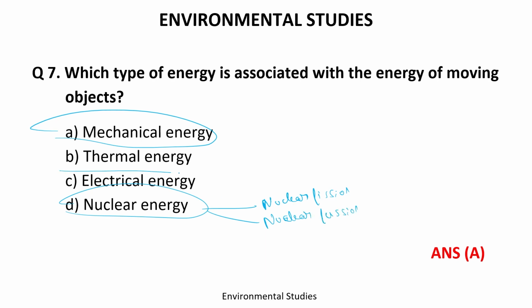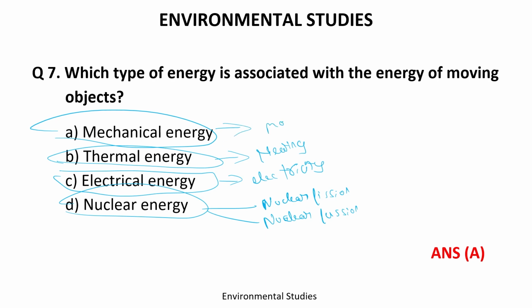Electric energy is generated by electricity. Thermal energy is generally generated by heating. But mechanical energy is generated by the movement of particles. So when we are talking about the energy of a moving object, we are talking about mechanical energy.